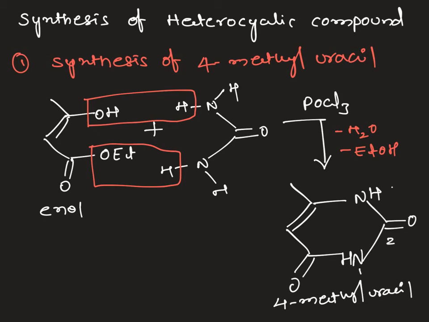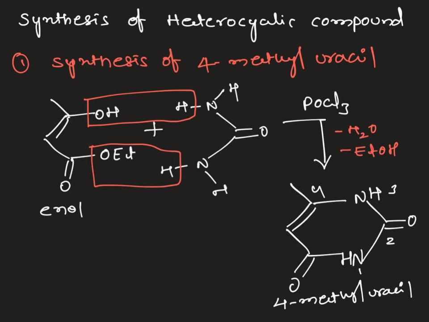One, two, three, four: at the fourth position we have methyl, and this is the uracil skeleton. This is one heterocyclic compound we can prepare by using ethyl acetoacetate.